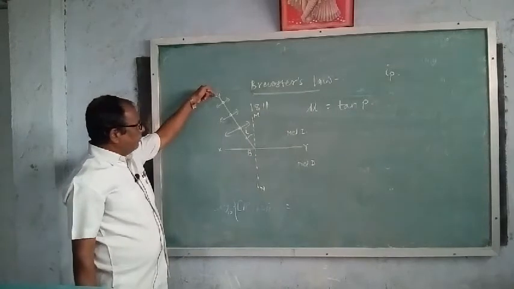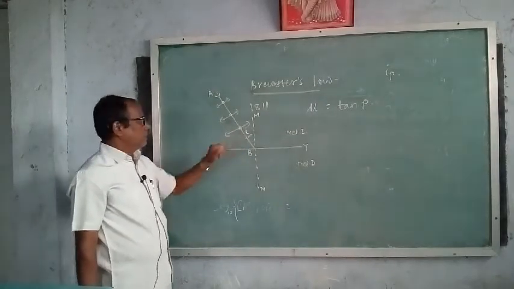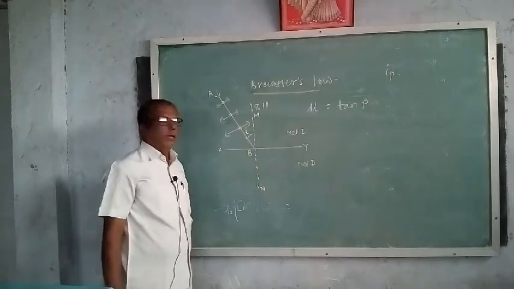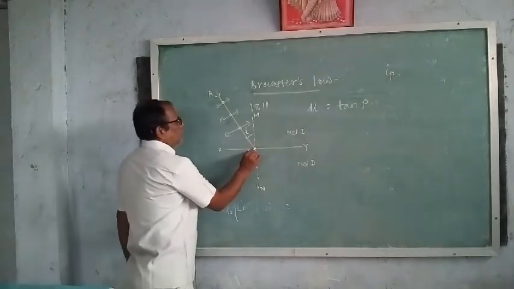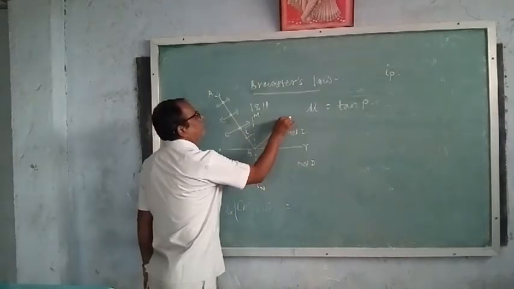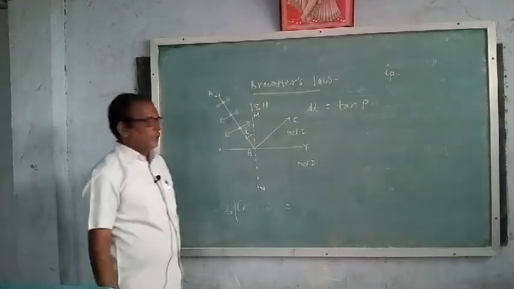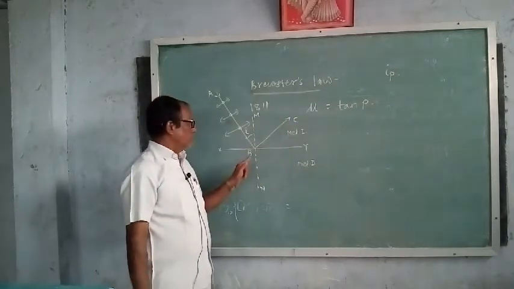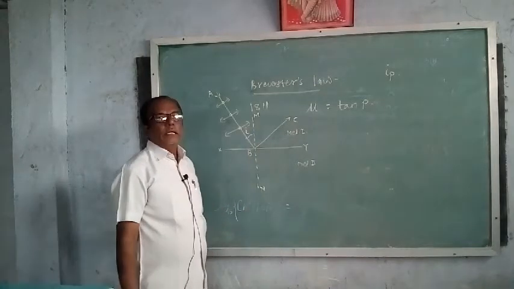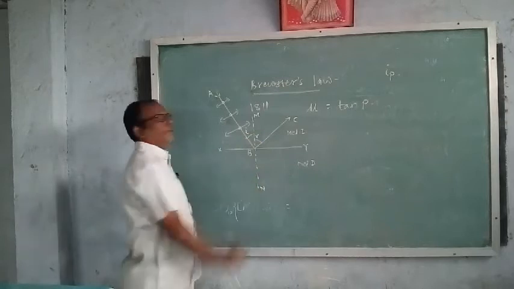When this ray AB of unpolarized light is incident, making an angle of incidence i on the surface xy, then some part of the light energy gets reflected. So, note this as ray BC, which is called the reflected ray, and this angle is the angle of reflection.